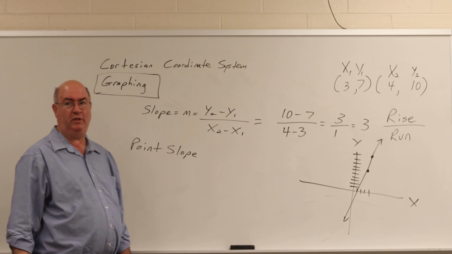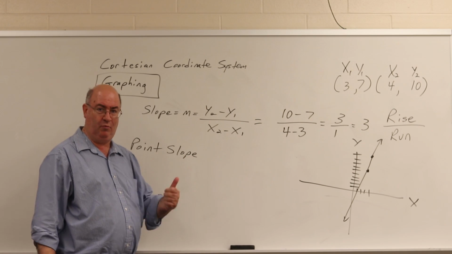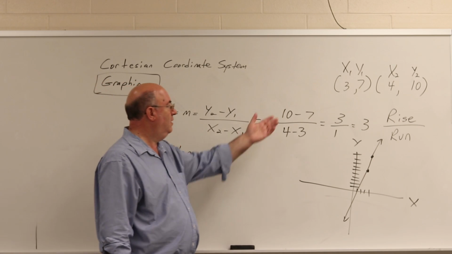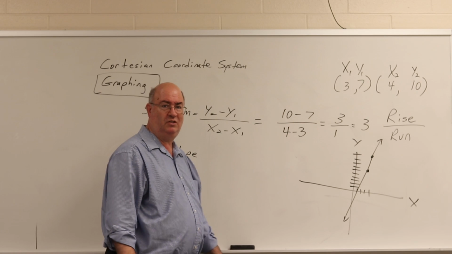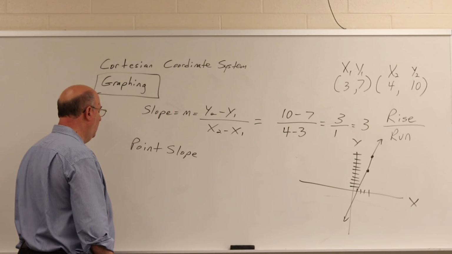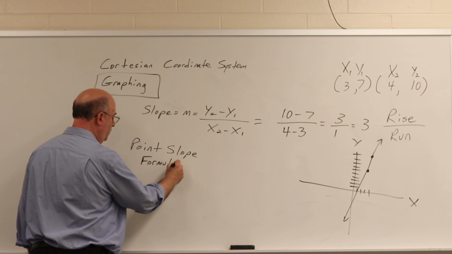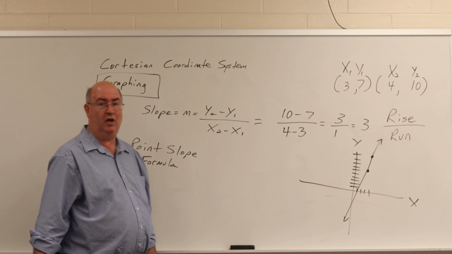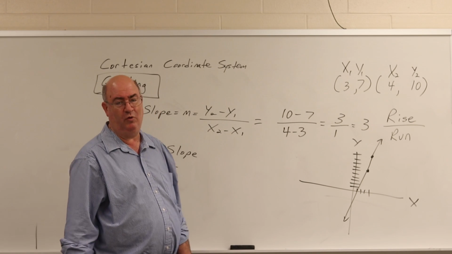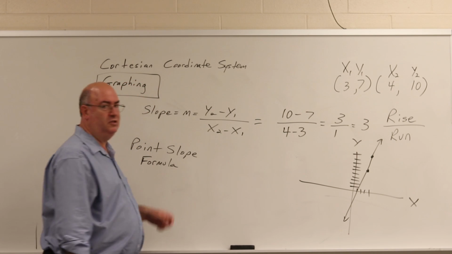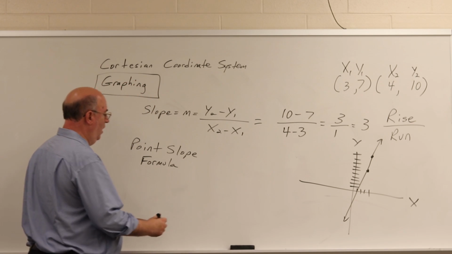There's something called a point slope. Now we have a slope, right? 3, nice and easy. And we have our 2 sets of numbers, or our 2 points. All right, point slope formula. For those of you who take intermediate algebra or college algebra, you'll notice this thing.